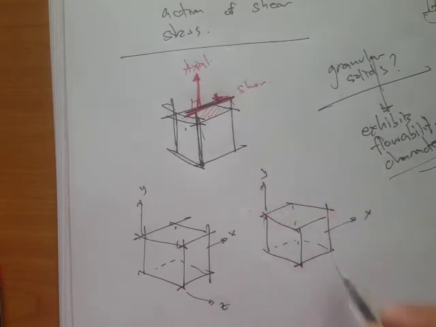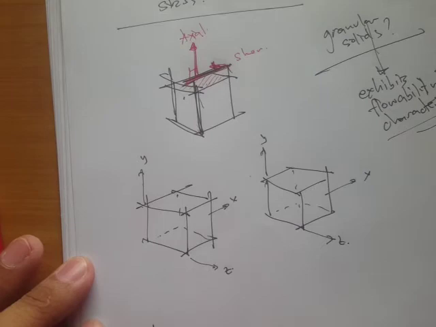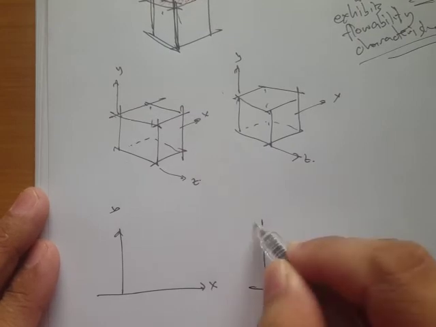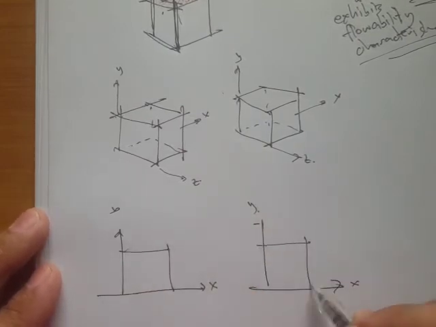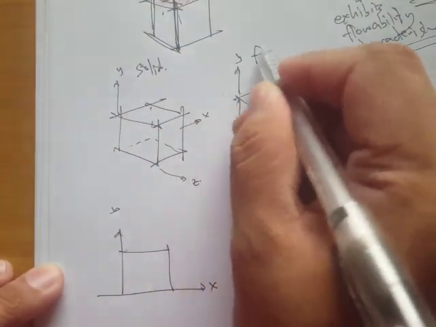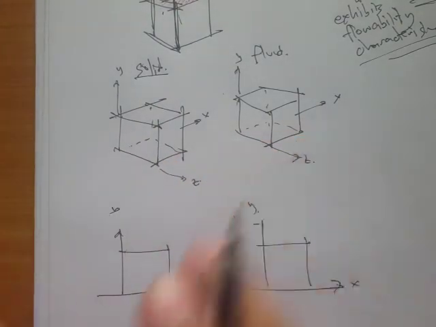Okay, so if we look at the xy plane, then this is our element. Let's say this one is solid and this one is fluid. A solid infinitesimal element and then a fluid infinitesimal element.